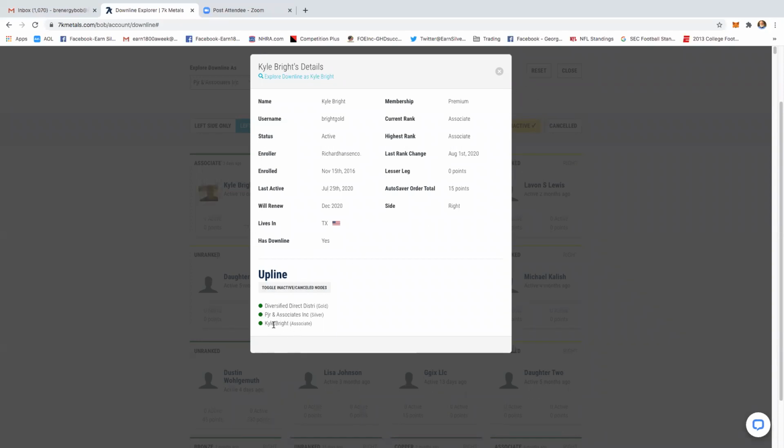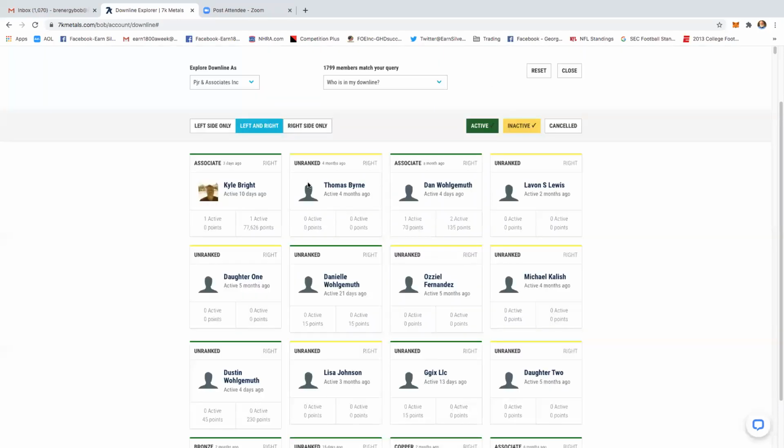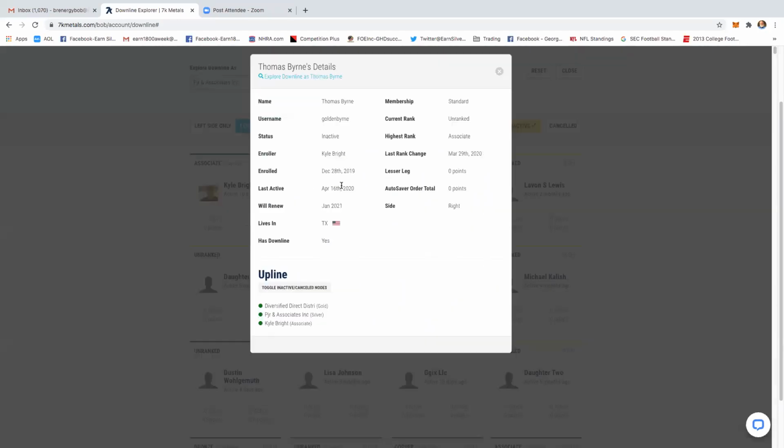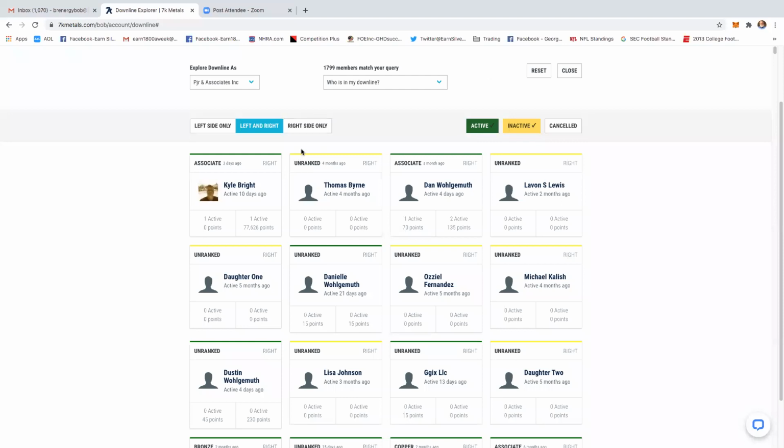So it says that Kyle is under Pamela, is under Bob, and that's all on the right side. Now, if I look at Thomas, I see that Thomas is under Kyle. Now Thomas could be on the right side, or he could be on the left side. You don't know just by looking at this, but you will when I do this.